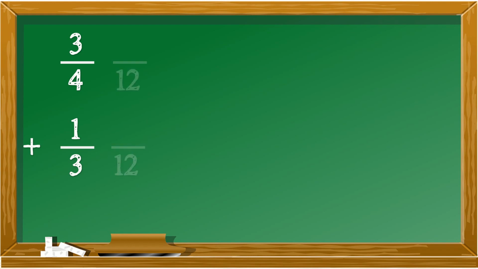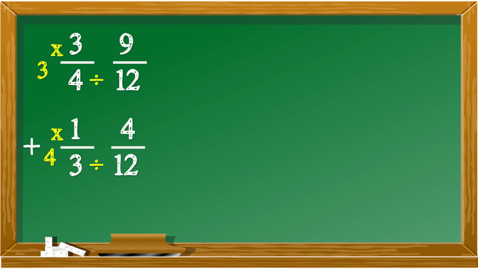Let us now use 12 as their new denominator and look for the numerators. So 12 divided by 3 is 4, and 4 times 1 is 4. So 1/3 is now 4 twelfths. 12 divided by 4 is 3, and 3 times 3 is 9. So 3/4 is now 9 twelfths.